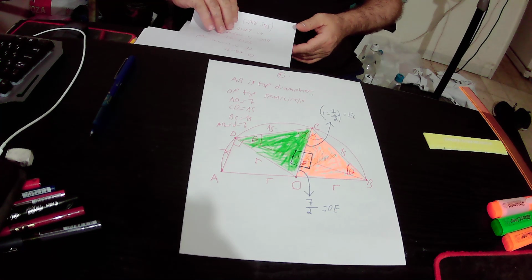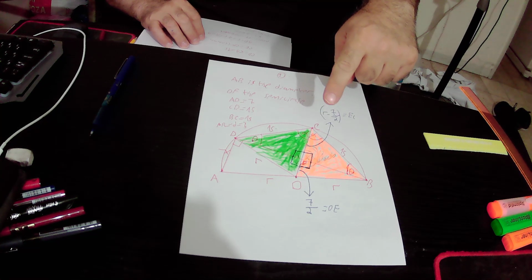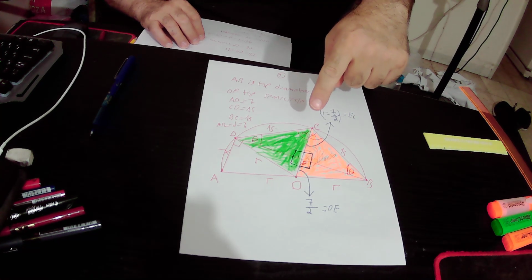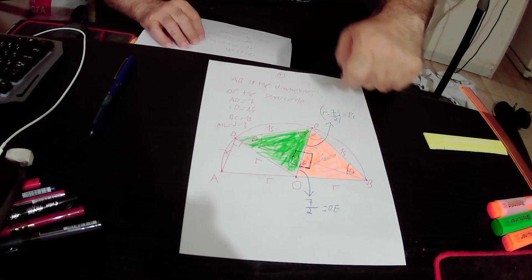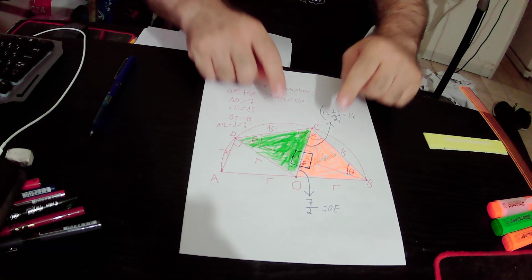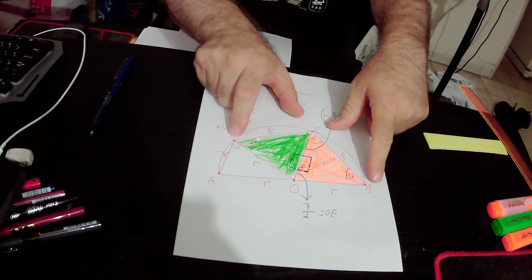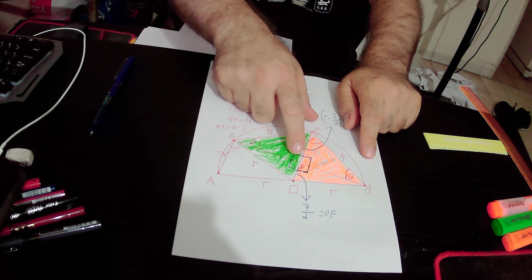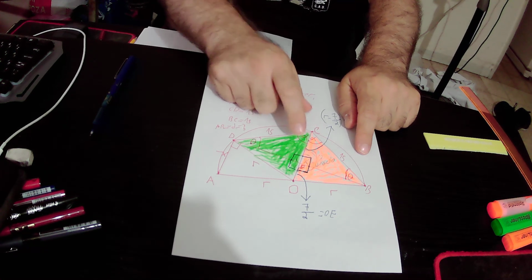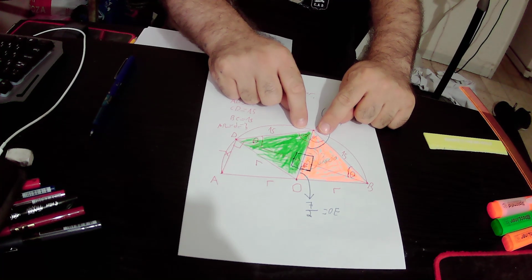Then we focused on triangle CDE, the green triangle, and the orange triangle CEB. On those two triangles, CD equals CB equals 15 units, and also CE is a common side, it belongs to both triangles, so CE equals CE, and those two angles are also equal to each other, both of them are equal to alpha.